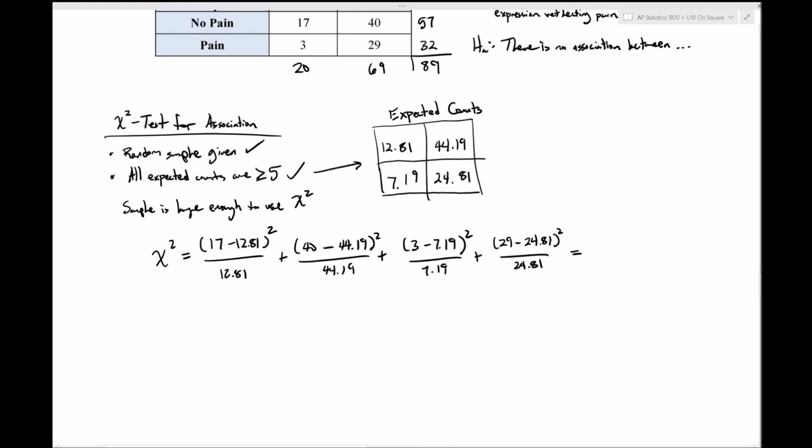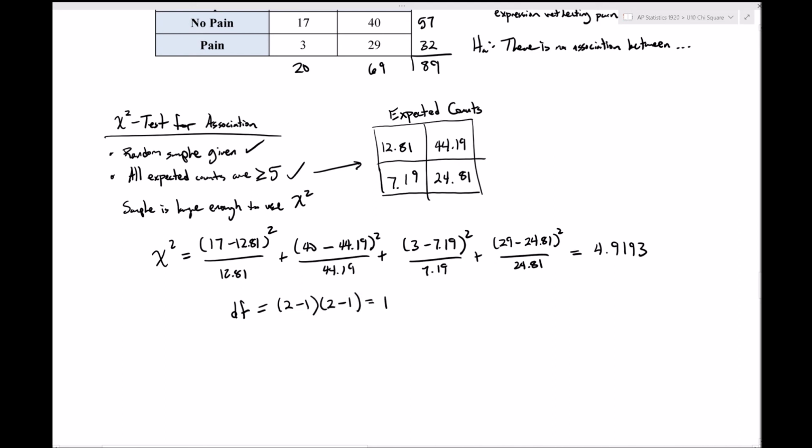Now, we're supposed to get, and this is based off of what I have on my calculator, so I'm not showing that, just to save time, 4.9193. And how many degrees of freedom? Very easy to check. 2 minus 1 times 2 minus 1. 1 times 1 is 1. So I could write that too. It doesn't hurt to write the formula. 2 minus 1, 2 minus 1.